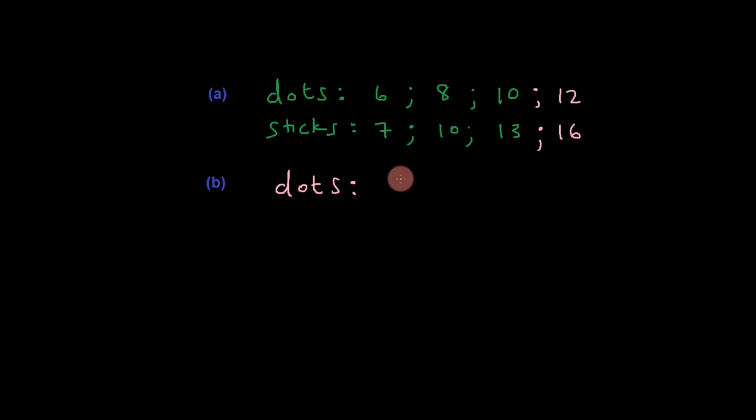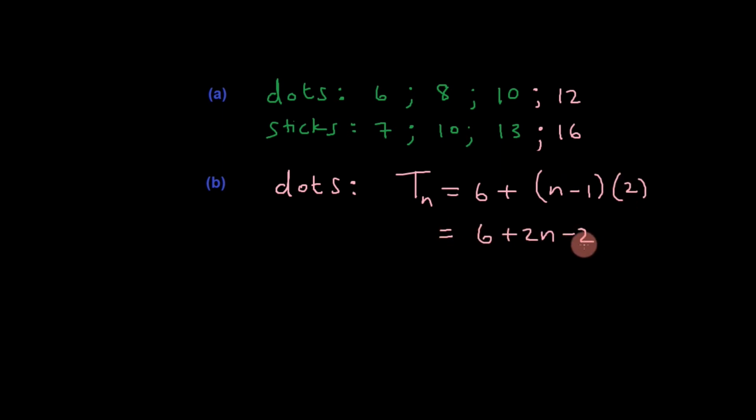We're going to use T sub n to get the general term. So T sub n equals A, which is the first term 6, plus n minus 1 times D, the common difference, which is 2. We can simplify this. And we see that the general term, or the nth term, equals 2n plus 4 for the dots.